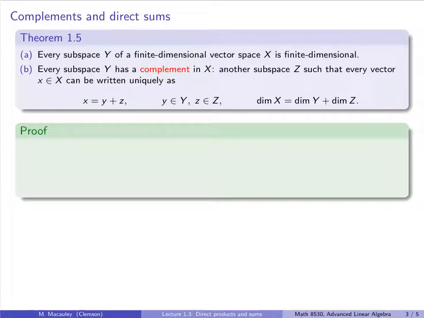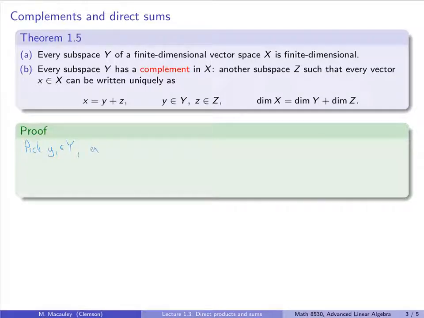So let's prove this. So first of all, part A, every subspace is finite dimensional. So let's just start by taking a vector. Let's call it y1 in Y, and then we can extend this to a basis.